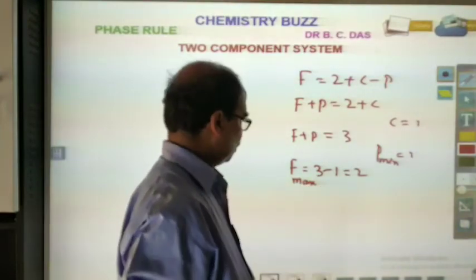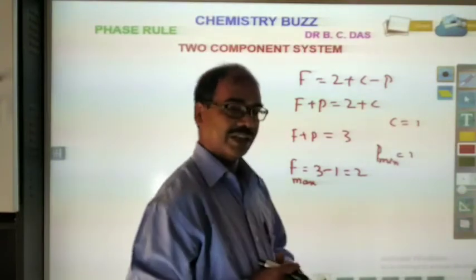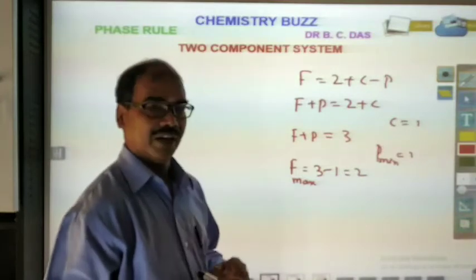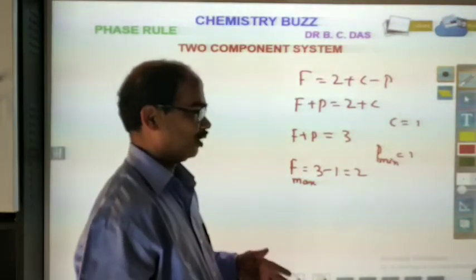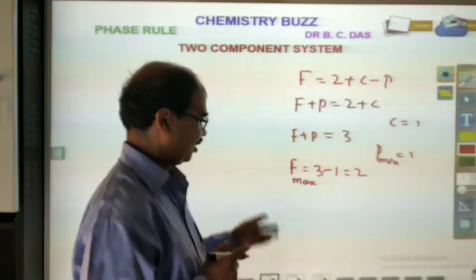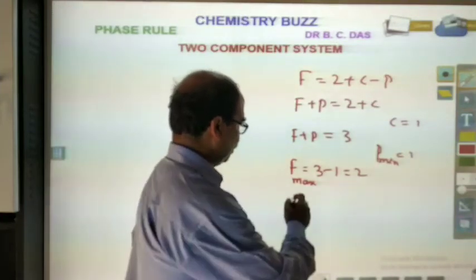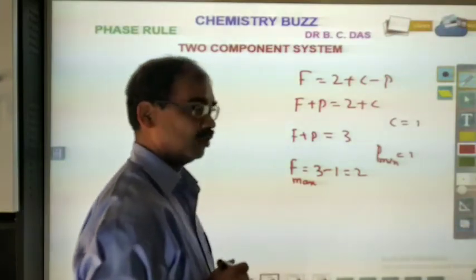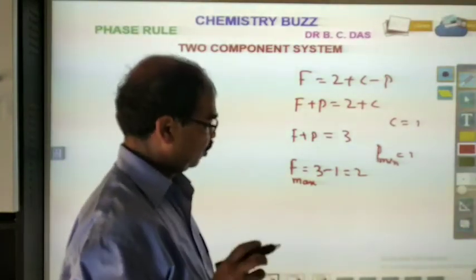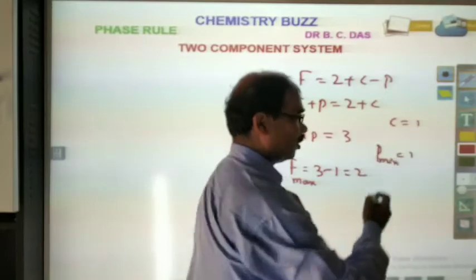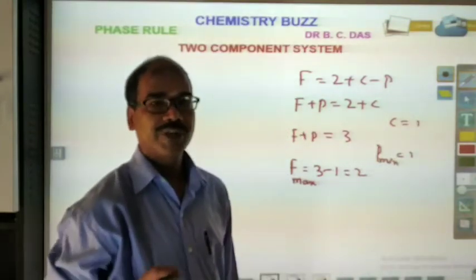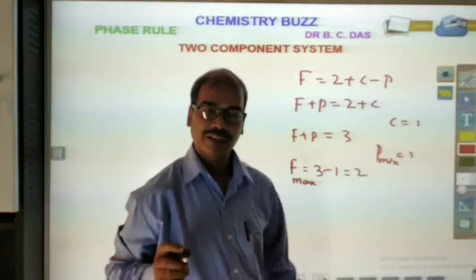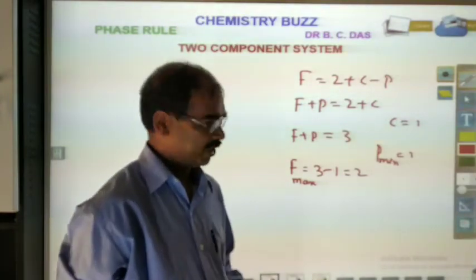As you know, when degree of freedom increases, the number of phases decreases, and vice versa. When the number of phases increases, the degree of freedom decreases. So for one component system, the maximum degree of freedom is 2, and the phase of any system cannot be 0, because when the phase is 0, there will be no system.